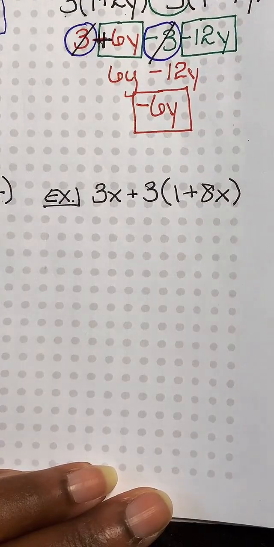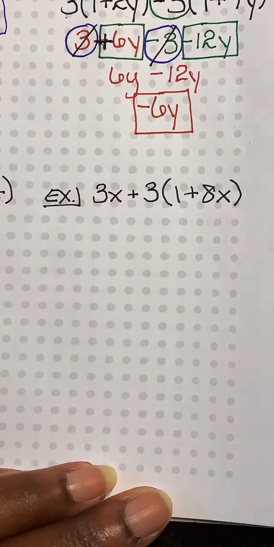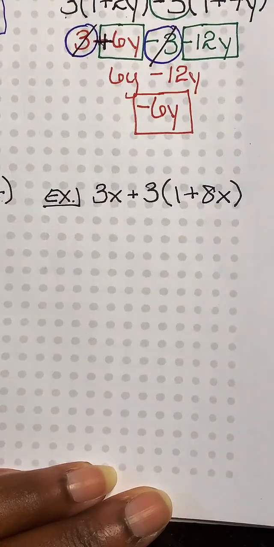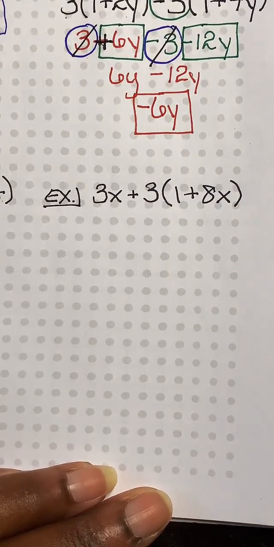So we got 27x plus 3, 3x minus 21, 27x plus 3. Is 3 plus 18x factor? Foiling? No, they're basically opposites. Foiling is when you're multiplying, factoring is you're doing the reverse.